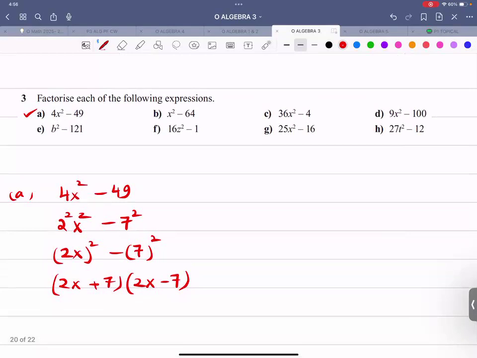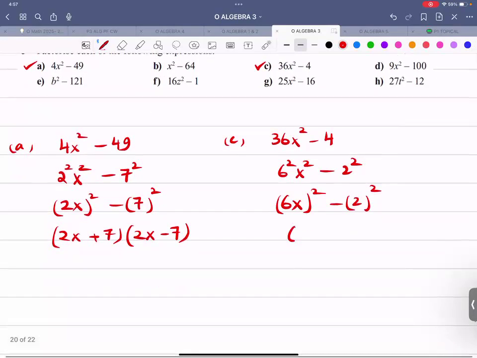Something like 36 x squared minus 4. This is 6 squared, x squared minus 2 squared, which is 6x whole squared minus 2 squared. So therefore, this is 6x plus 2, 6x minus 2. Just acknowledge on the WhatsApp that this is all good, all clear.